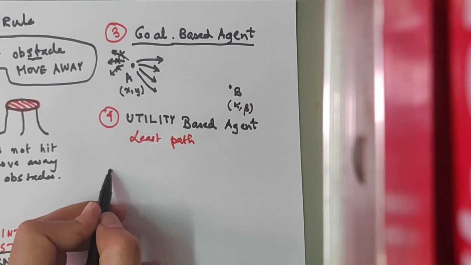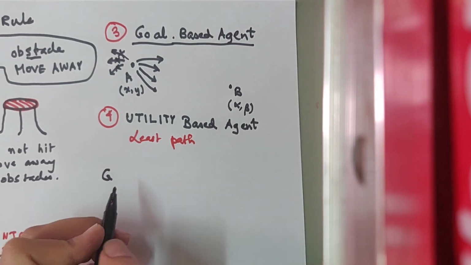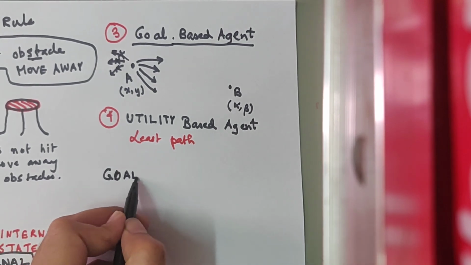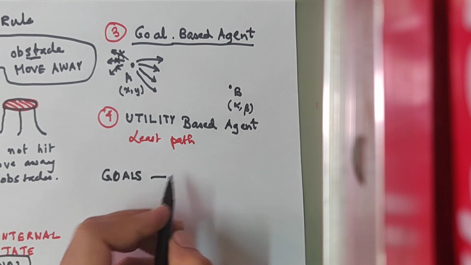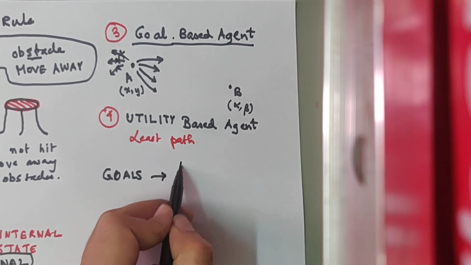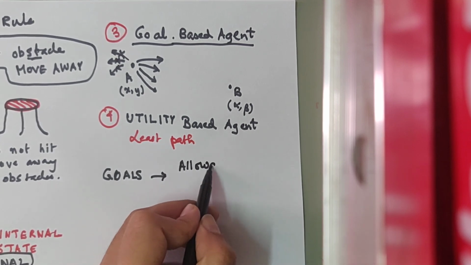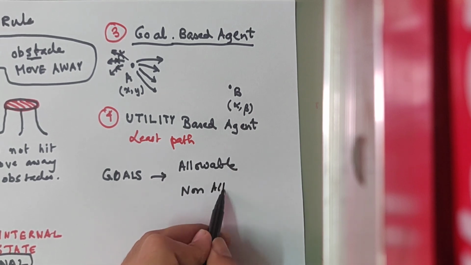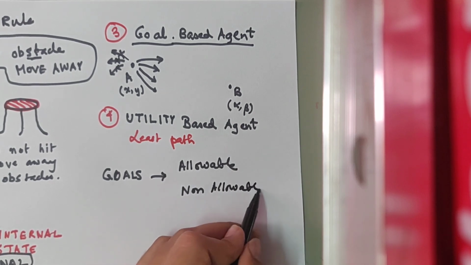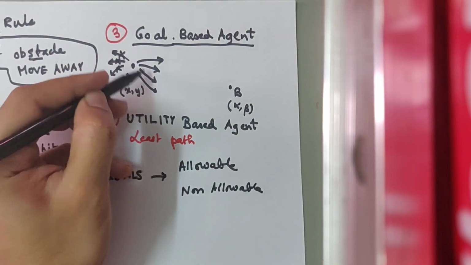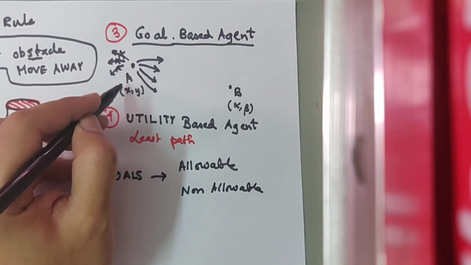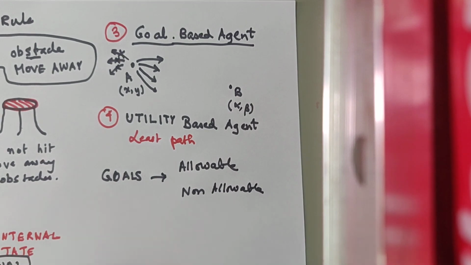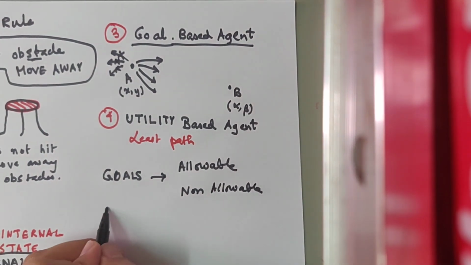So what do goals do? Goals distinguish between allowable and non-allowable actions. These are allowable actions, these are non-allowable actions. And what does utility do?